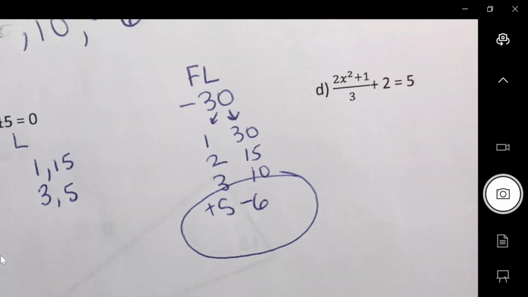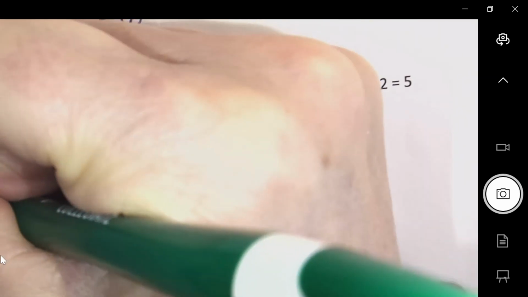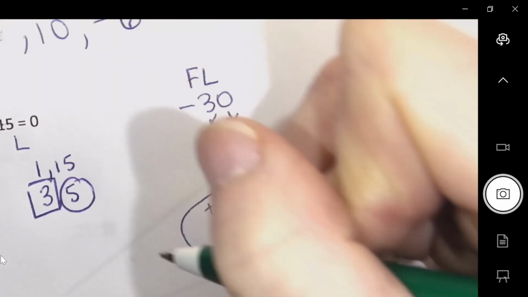Could I connect any puzzle pieces, groupings together? I need to put something with something to make a 5, and something with something to make a 6. I'm going to put circles and boxes on my sets.